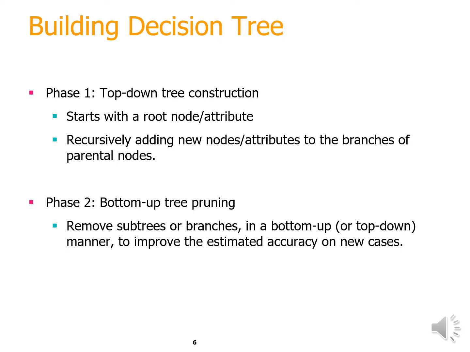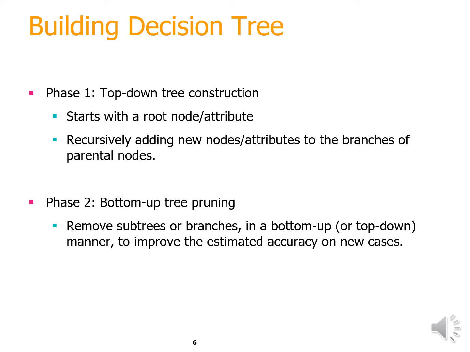In phase two, you cut some branches, you remove some subtrees. That's what you do to make the tree small, simple, and compact. That's the second step, phase two. So we're gonna cover both of these phases.